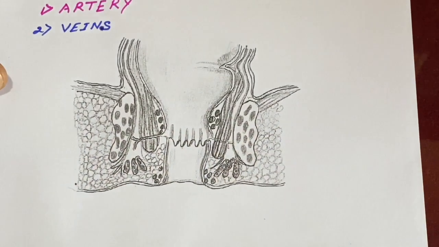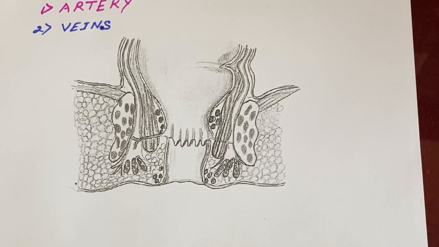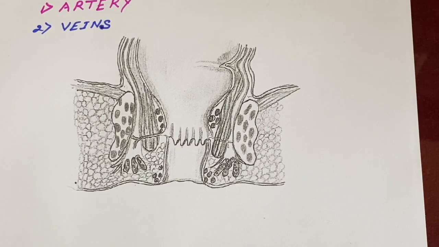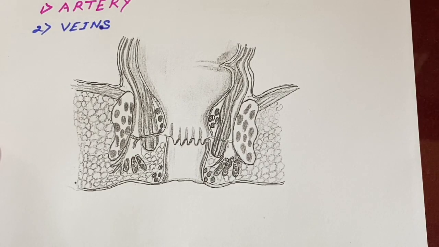Here the thing we need to understand is that there are different veins draining the anorectal region. So any kind of cushion failure leads to the formation of hemorrhoids.